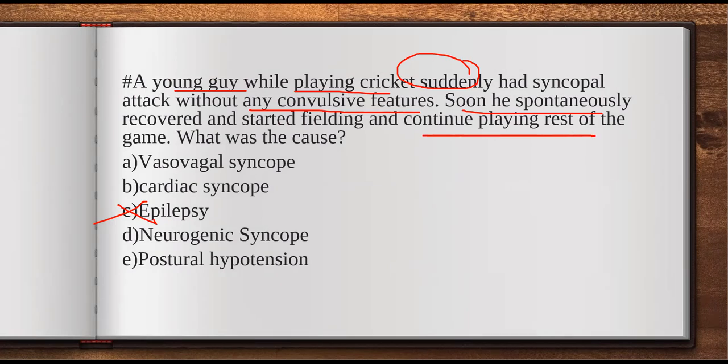So what was the cause? Cardiac syncope, right? Good. Most likely it's a HOCM case. HOCM usually comes with a young patient.